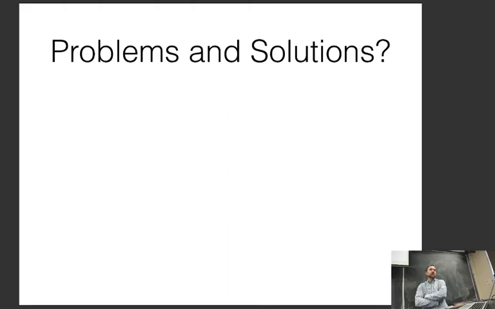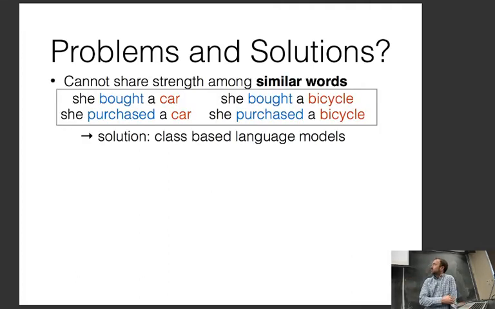Okay. So now the next thing I'd like to talk about is a few problems with language models. And this is similar to what I talked about in the first class, which is problems with language that we would like to model. There are concrete problems with this particular approach. One problem in the Ngram count-based language modeling framework is that, for example, if we have she bought a car, she purchased a car, she bought a bicycle, she purchased a bicycle, you can see the blue things are basically the same, right?